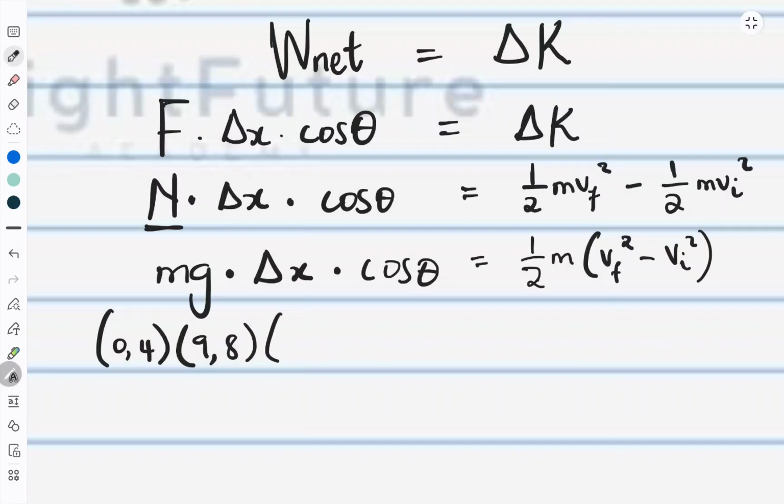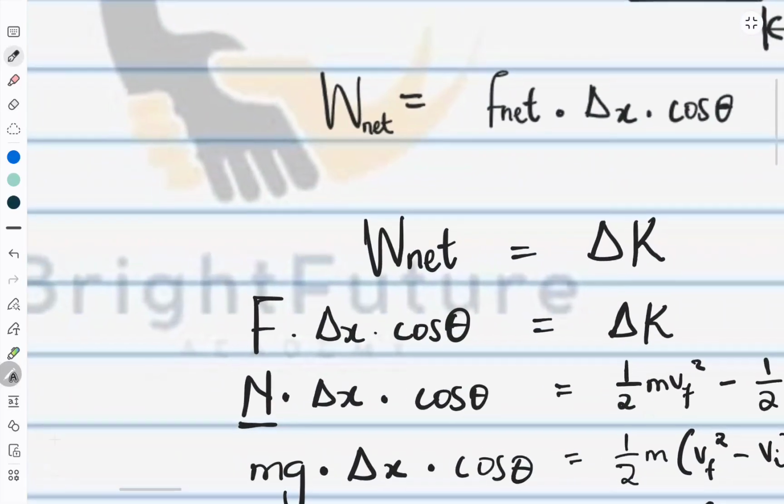Delta X, we are told that it's 3 meters. And then we get cos of 180 degrees. And then we get 1 over 2, 0 squared minus the initial one. We found it here, remember?